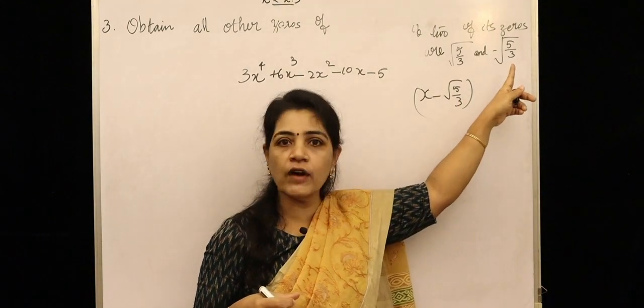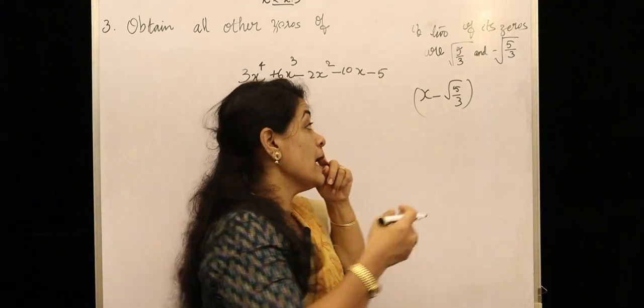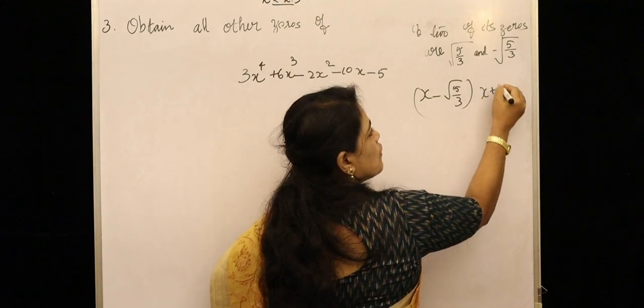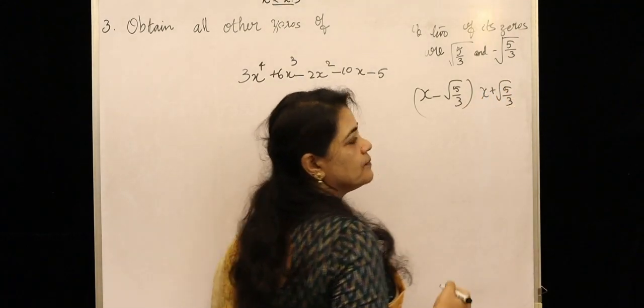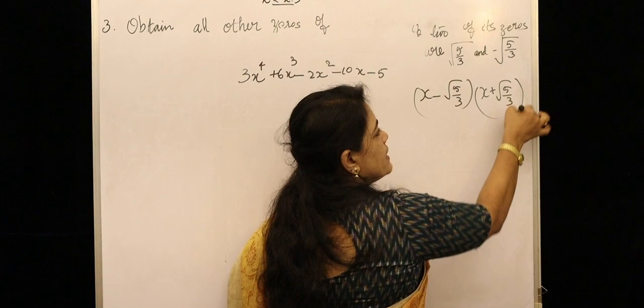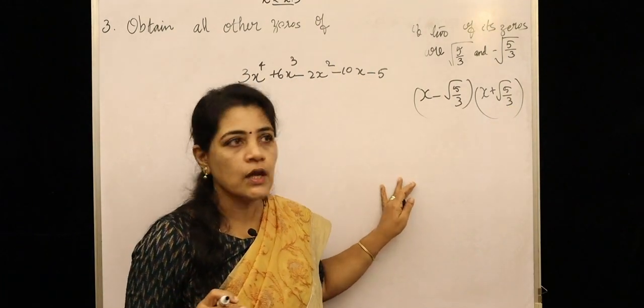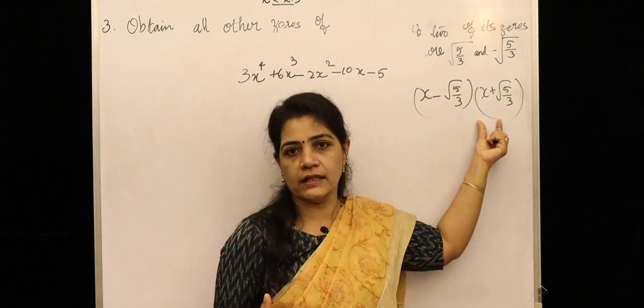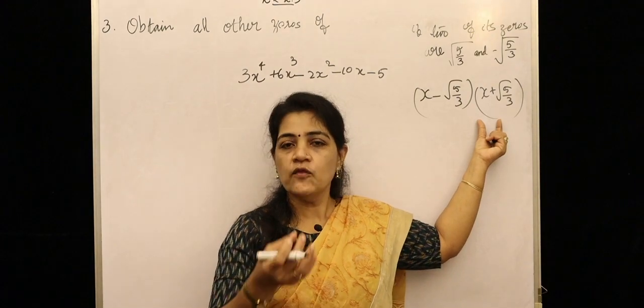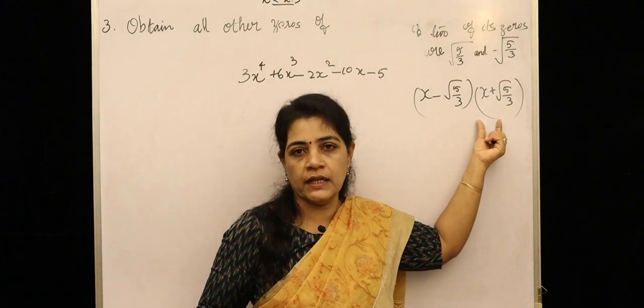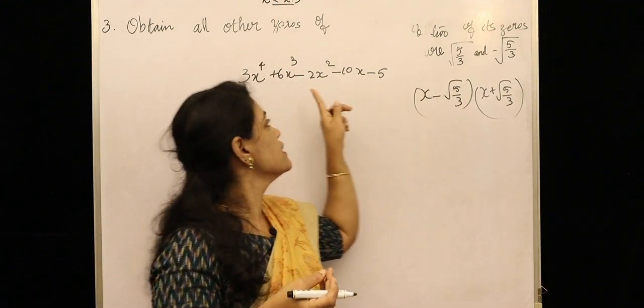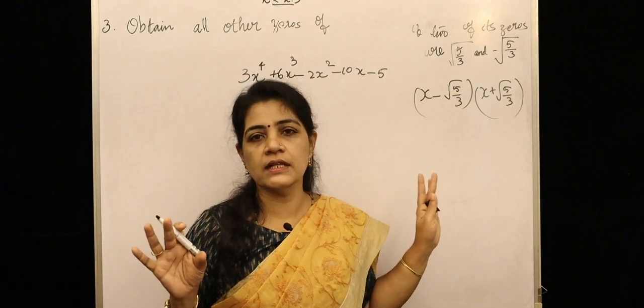So minus root of 5 by 3 is a zero, which means x plus root of 5 by 3 is a factor. Okay, and children, in this type of problems you multiply these two factors. Okay, with the new polynomial obtained we can divide this polynomial. The first step is clear children?